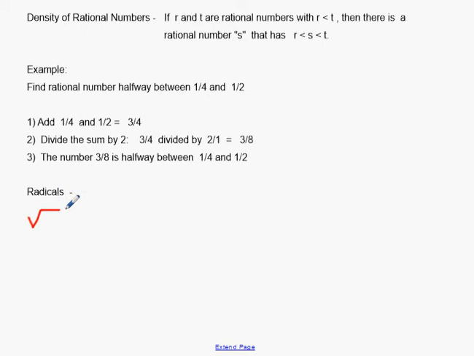Okay, the symbol that I'm drawing is referred to as a radical sign.